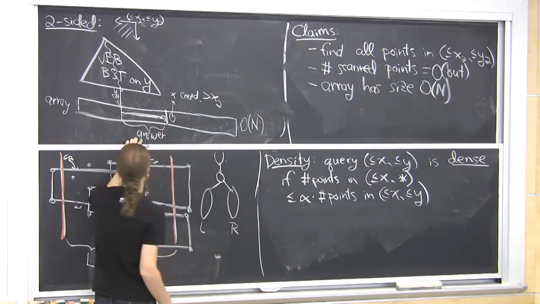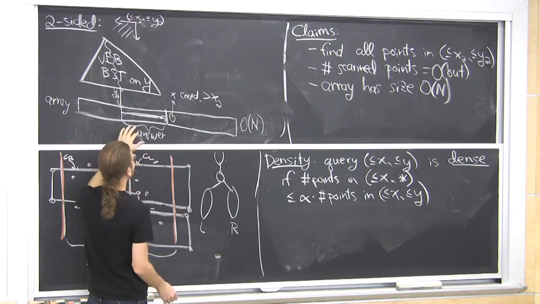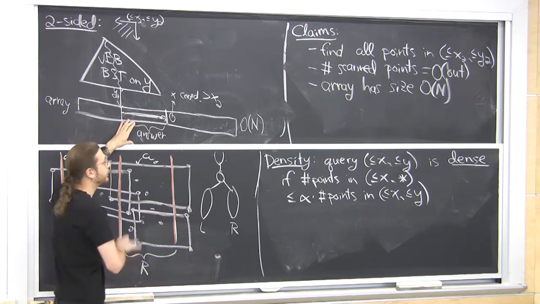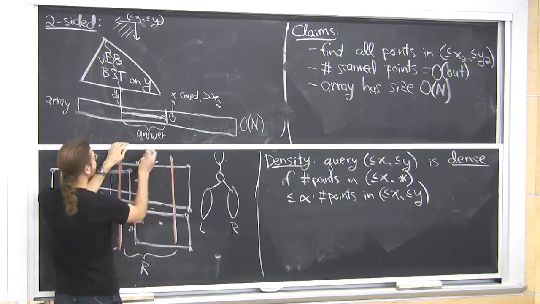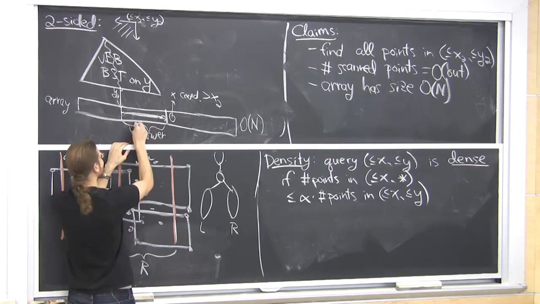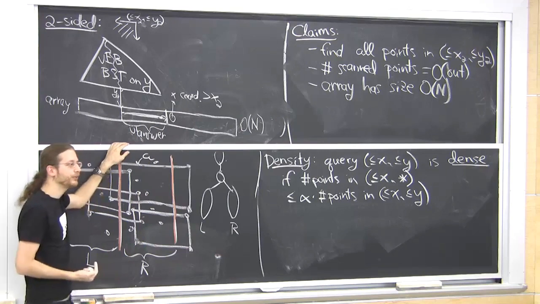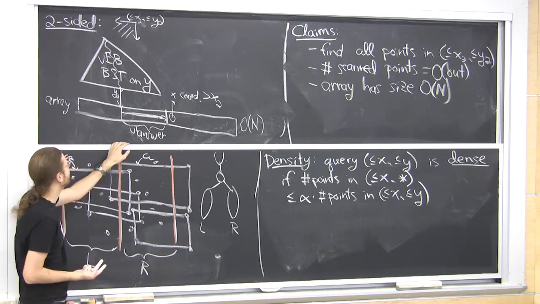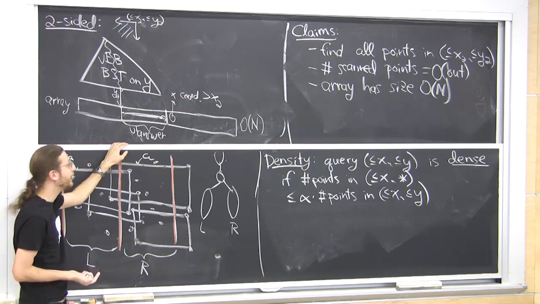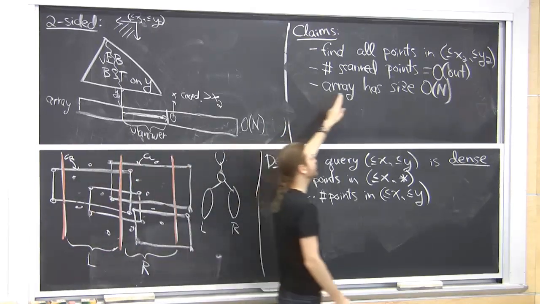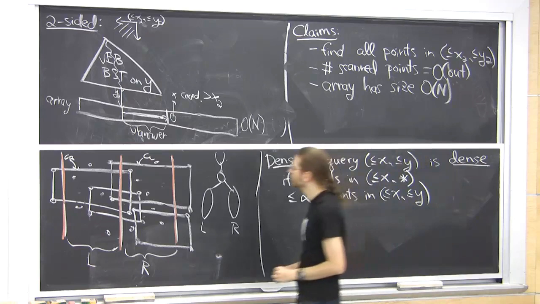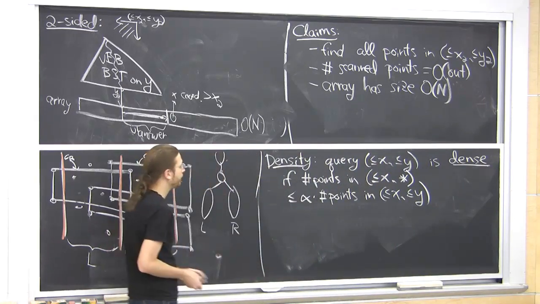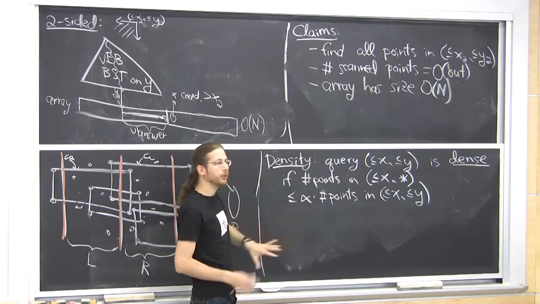Sorry, I need to also here potentially throw away points that are not low enough. So the answer is contained in here, I should say. To throw away duplicates, you have to throw away points that are not in the range less or equal to x, comma, less or equal to y. Still, we claim the number of scan points is proportional to the output size. That's what we need. So, if this held for every query, we'd be happy.